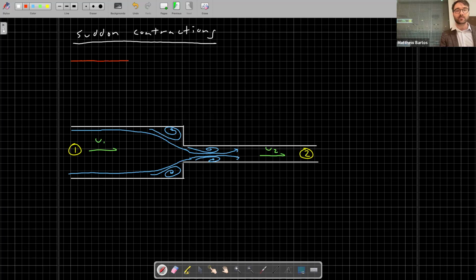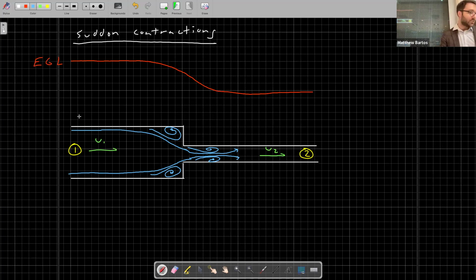You'll get a pretty steady energy grade line until you encounter this zone here. The energy starts to decrease. And then as you move into the smaller pipe, the energy decreases more rapidly until it eventually settles out. So this is the EGL.